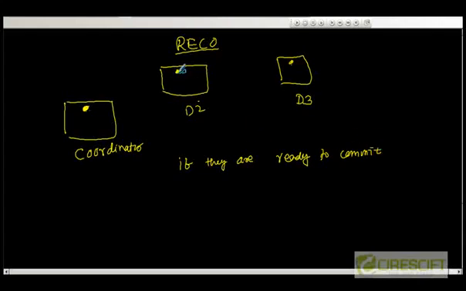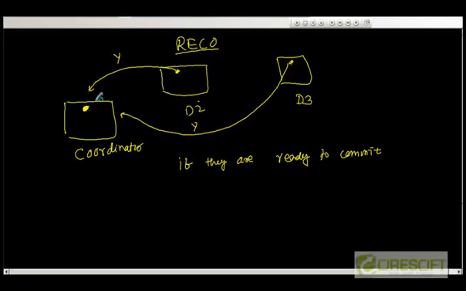Then all these nodes say yes or no. If they say no, then it is going to roll back. But if they say yes, we are ready to commit, then they notify the coordinator that they are ready to commit.